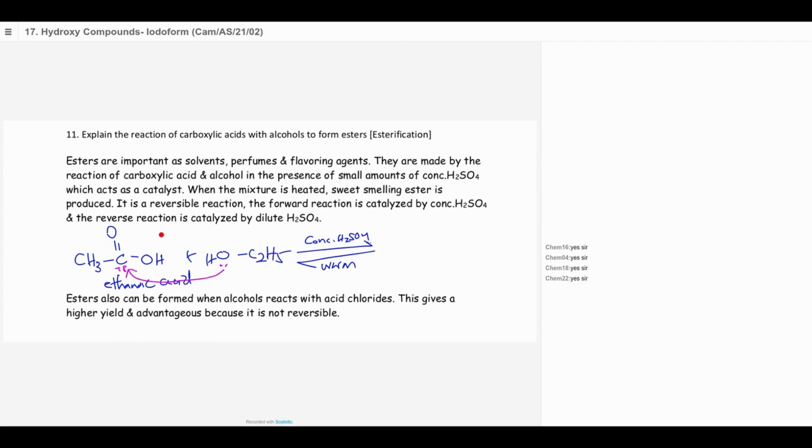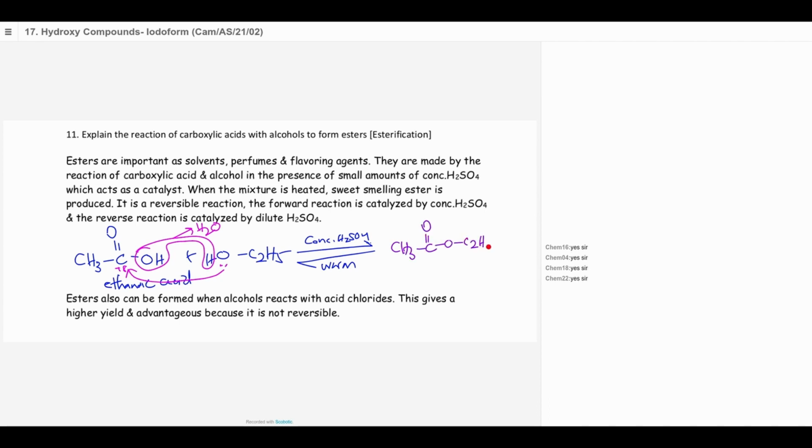It's addition followed by elimination of a water molecule. That's why, in short, we call this reaction a condensation reaction. As you know, the condensation is given where addition is followed by elimination. That's a condensation reaction.